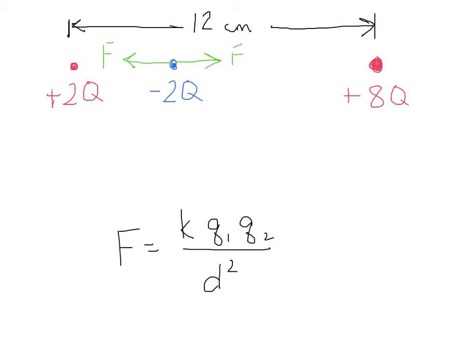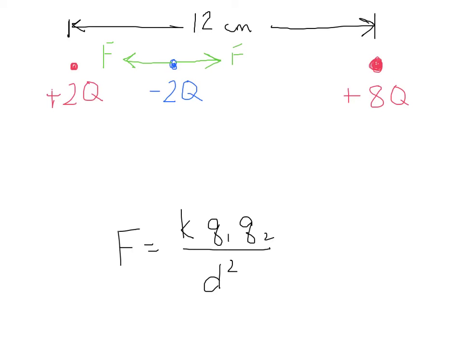I like to sometimes say it that the distance contributes more to the force because it has a square in the relationship. So what that means is I need to bring the middle charge twice as close to the left charge as it is to the right charge.